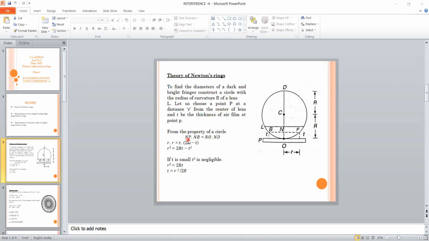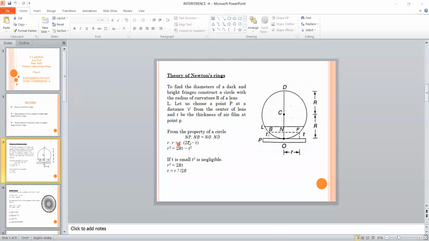Now, according to the property of a circle, NP dot NB is equal to NO dot ND. Here NP and NB values are the same, that is small r.